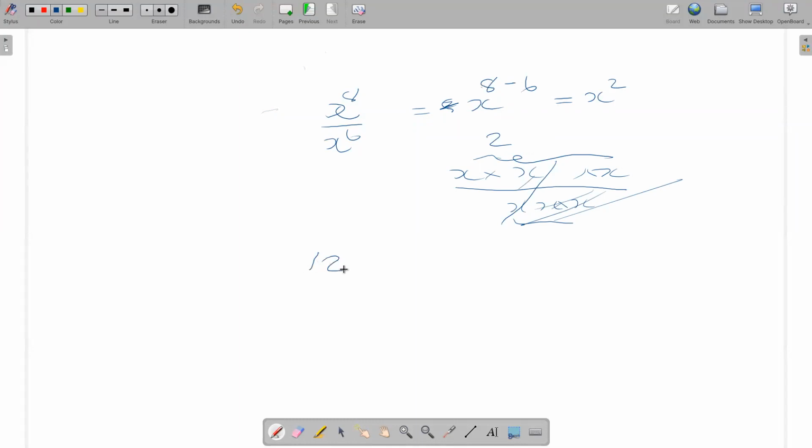For example, if I divide 12x to the 15 by 3x to the 3, I can divide 12 by 3 to get 4, then 15 minus 3 is 12, so it is 4x to the 12.